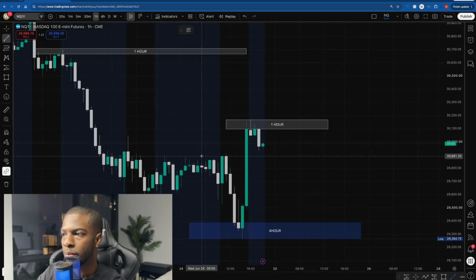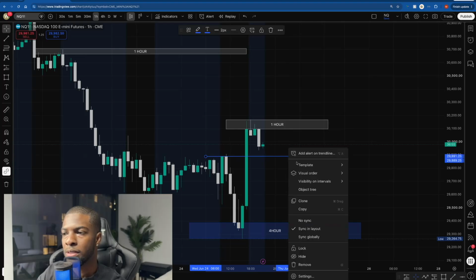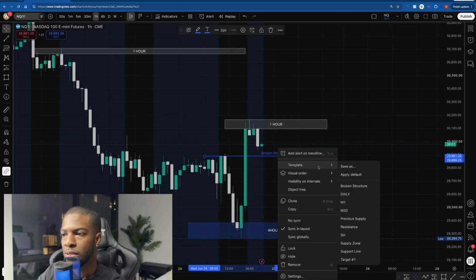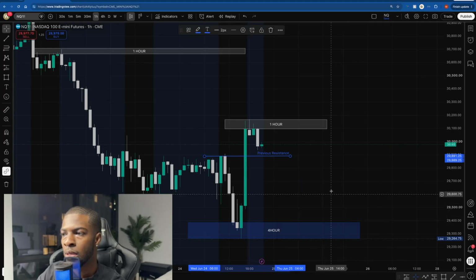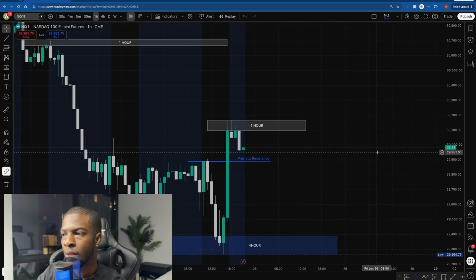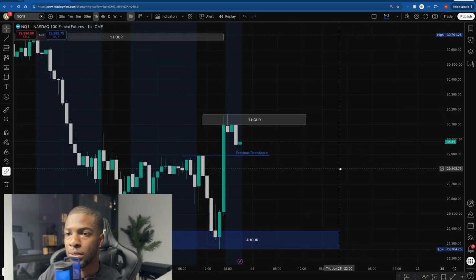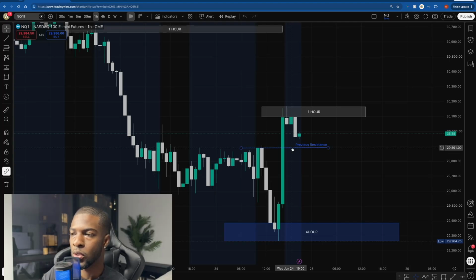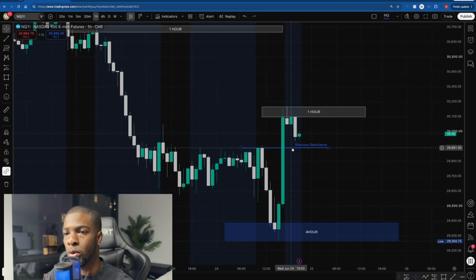This right here is a broken demand zone. Here, this is the previous resistance that got broken. Price does like to come down and test some of these zones from time to time. So this would be a previous resistance right here. Now, if I was looking for some sort of move, I would look for it to come down and test the zone to then go back up, or to break through, whichever the case is.